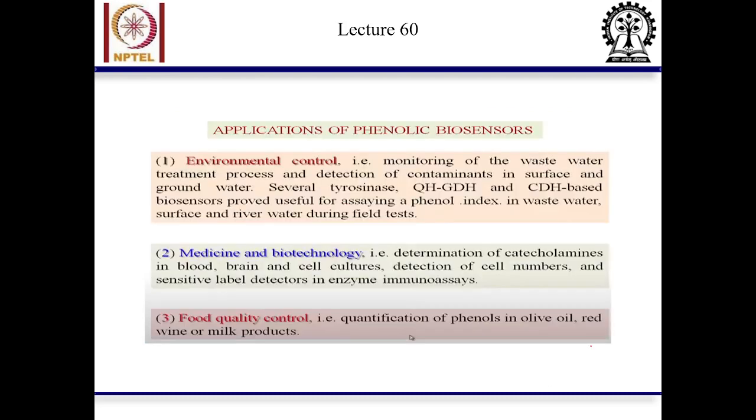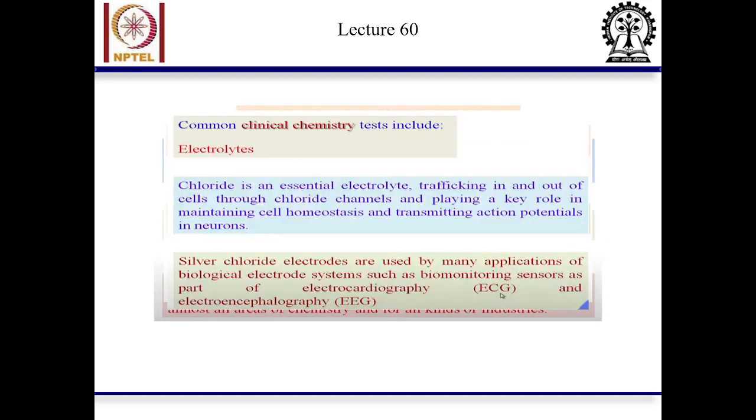So these are the applications: environmental control, wastewater treatment, and medicinal, where we have to find out things like catecholamines in blood and brain. And food quality, like the others pointed out, in milk products. So these are the possible applications of the phenolic biosensor.